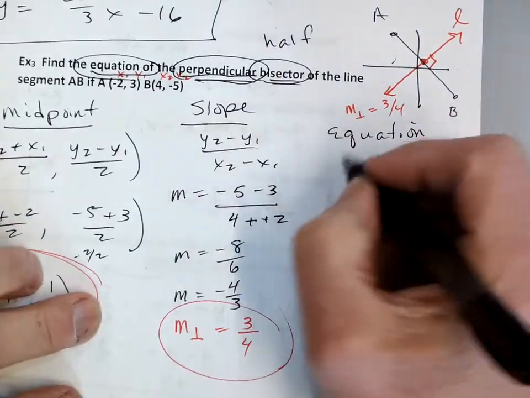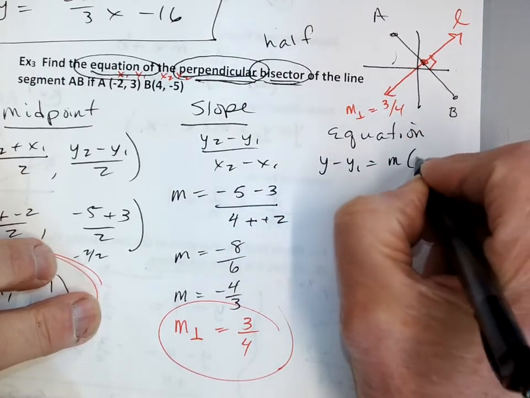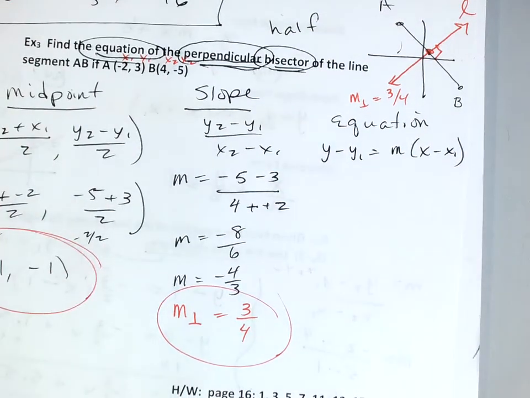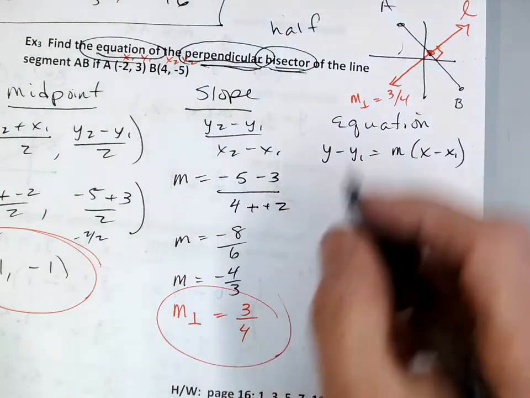I'm going to use my y minus y1 equals my m times my x minus x1. I like my point slope. You guys will probably get used to it. My guess is hopefully by the end of this semester you guys are going to like this equation better than y equals mx plus b. I think it's easier.